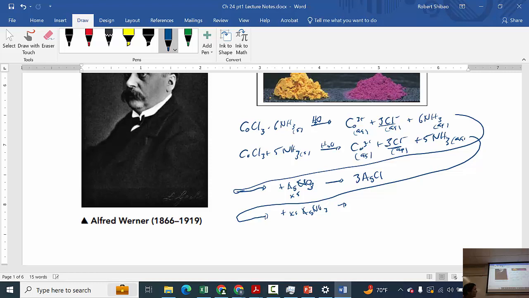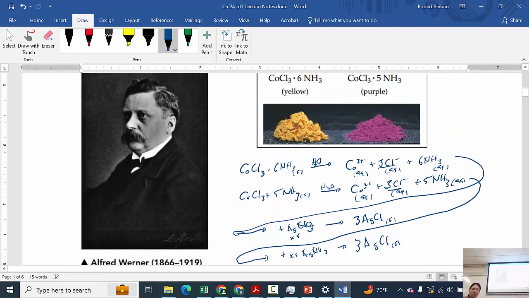How many moles of chloride do I have in the second one? 3. And so actually I would expect the second one to yield 3 moles of silver chloride. So we can't tell the difference using silver chloride, could we? No, we can't tell the difference. We could tell the difference using ammonia because we have different amounts of ammonia. So we need a quantitative test for ammonia to figure it out.